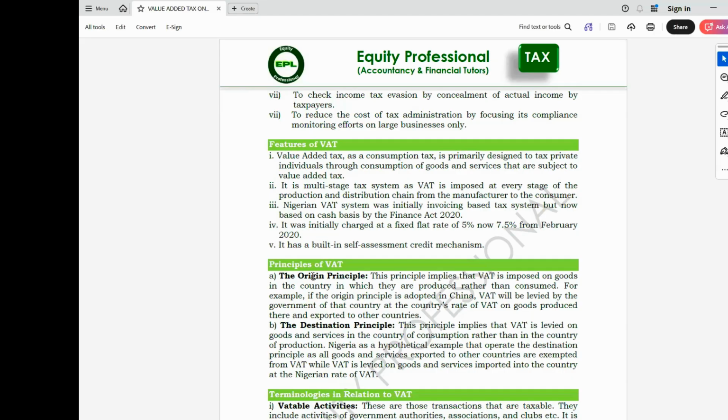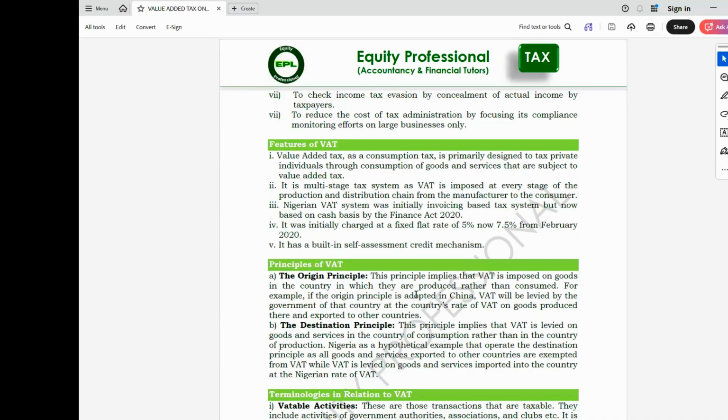So most developed countries adopt the origin principle, in which any goods or services will be liable to value-added tax, irrespective of whether that item is consumed in that location. Once that item is produced in their country, it will be liable to value-added tax.